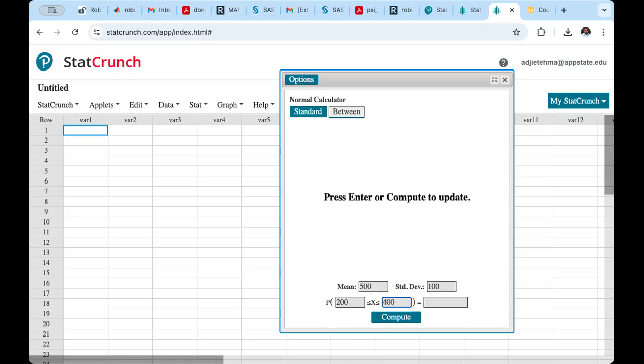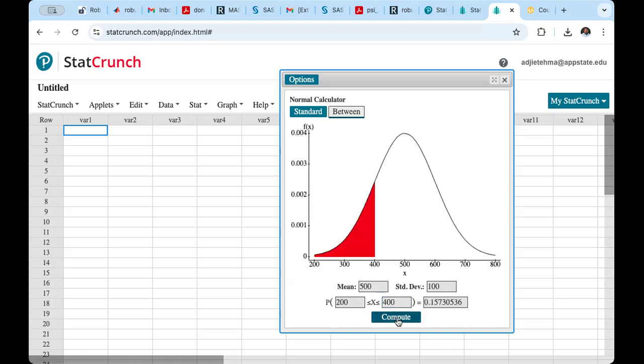Do we see that? And then we hit compute. So you see it has shaded. If you look at where 200 is, look at where 400 is, you see, it is that range. And then it has computed for you.